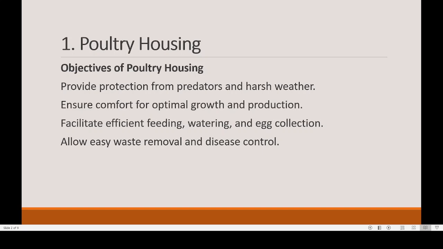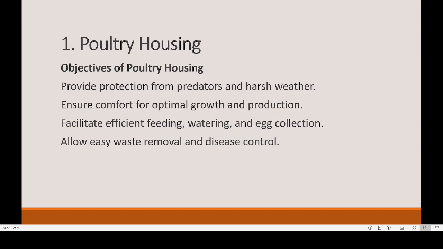So they require a well maintained, properly ventilated, aerated place. Only then can these thousands of hens or chicken comfortably live in a place. So that is the purpose of poultry housing.